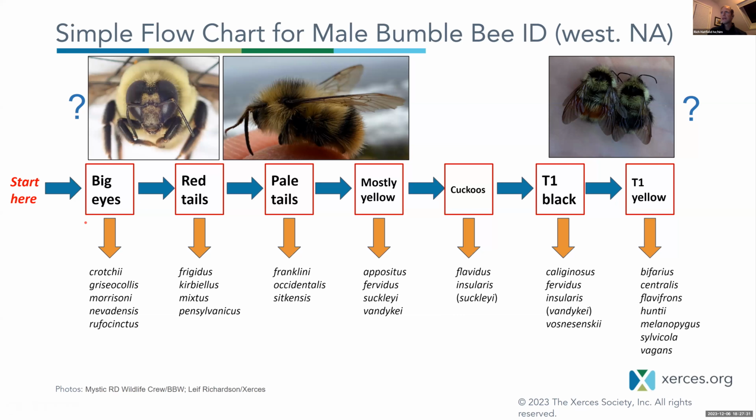So we're going to start and follow through here, beginning with the big eyes and moving to the red tails. Actually, I don't think I have any red tails that are confusing, but we're going to move basically from left to right through this flow chart.